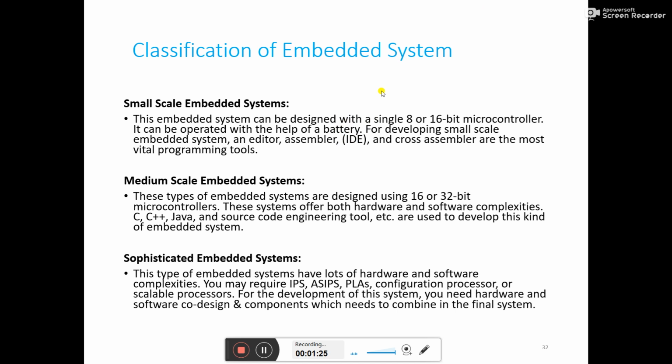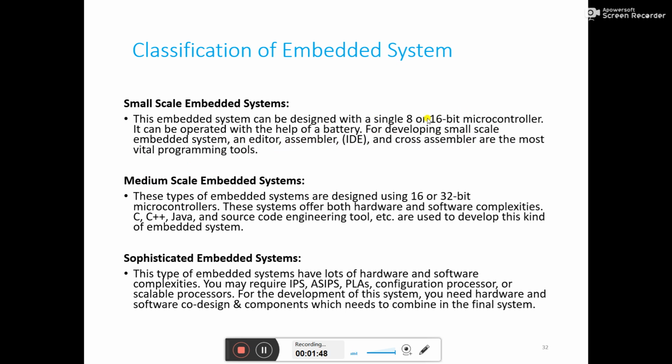For example, you can use it for simple sensing of the sensor value, to store it and to communicate it. For developing small scale embedded systems, an editor, assembler, IDE and cross assembler are the most vital programming tools.